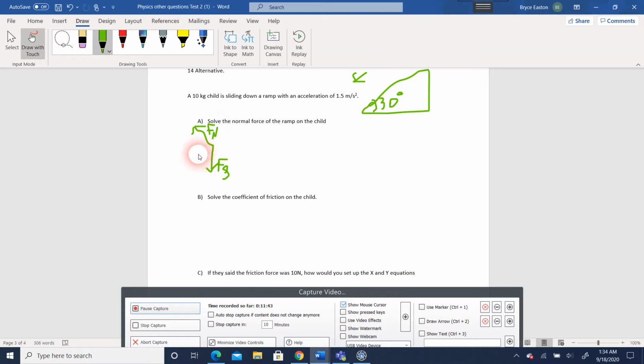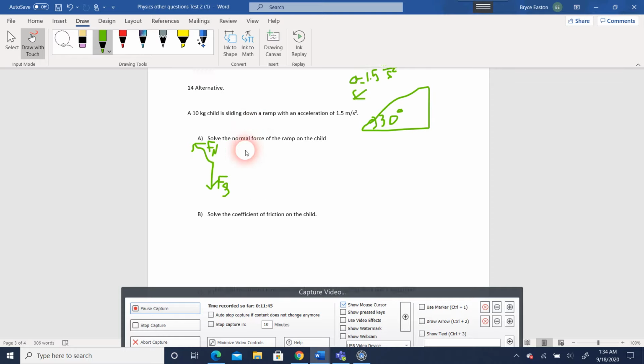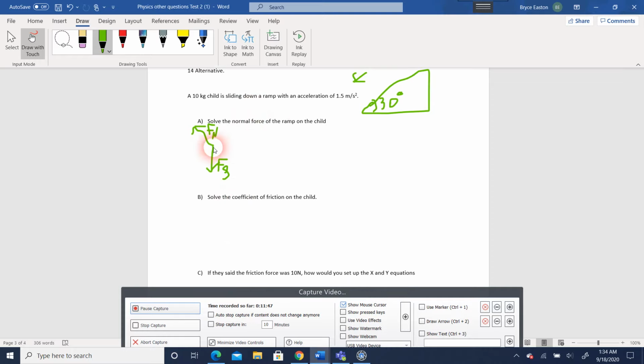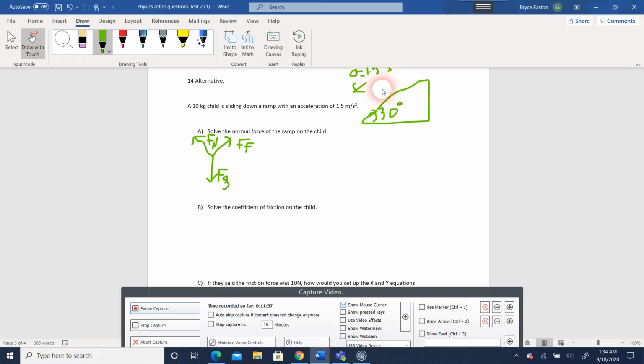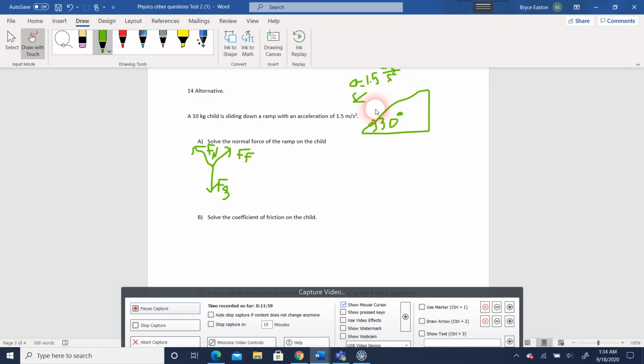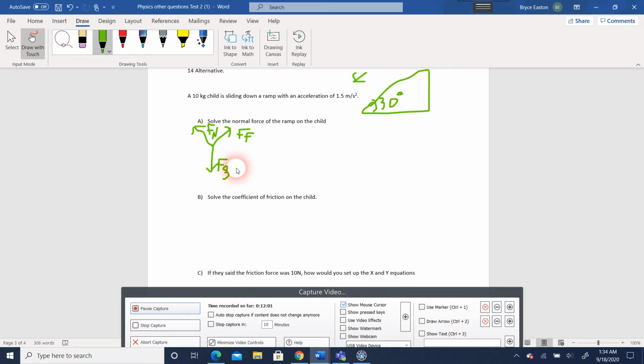And then we're going to have friction going back parallel with the ramp on the child, pulling it up, slowing it down this way.